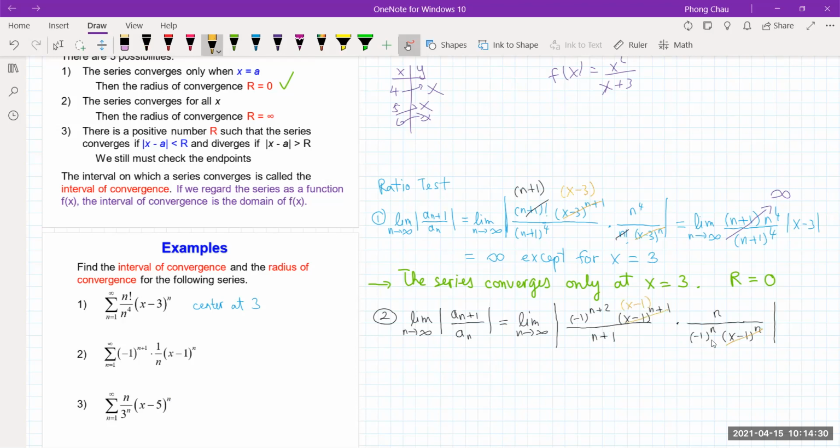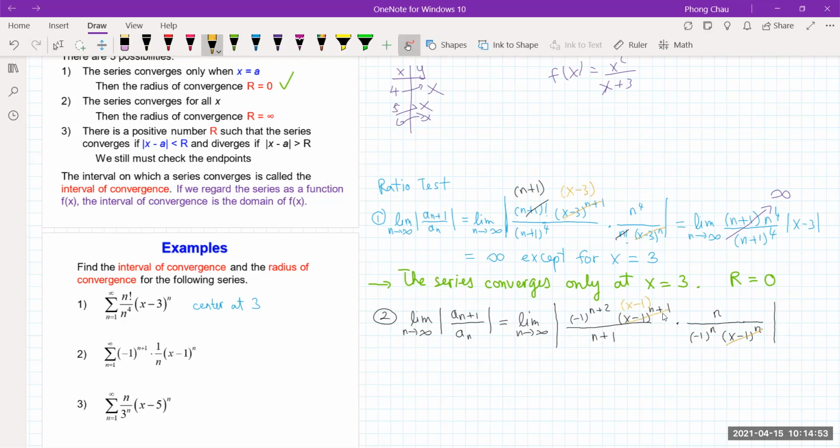So these two we can actually cancel too if you want. But remember, these negative 1 powers are either negative 1 or positive 1, however inside the absolute values they all become 1.